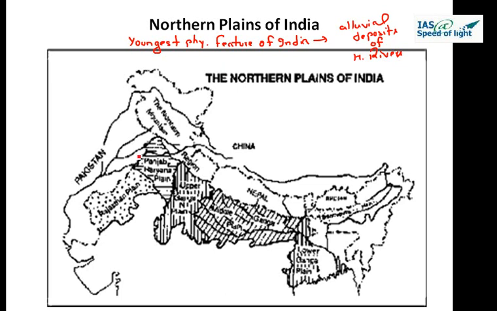The first one is the Indus Satluj Plain. Second one is the Ganga Yamuna Plain. And last one is the Brahmaputra Plain.